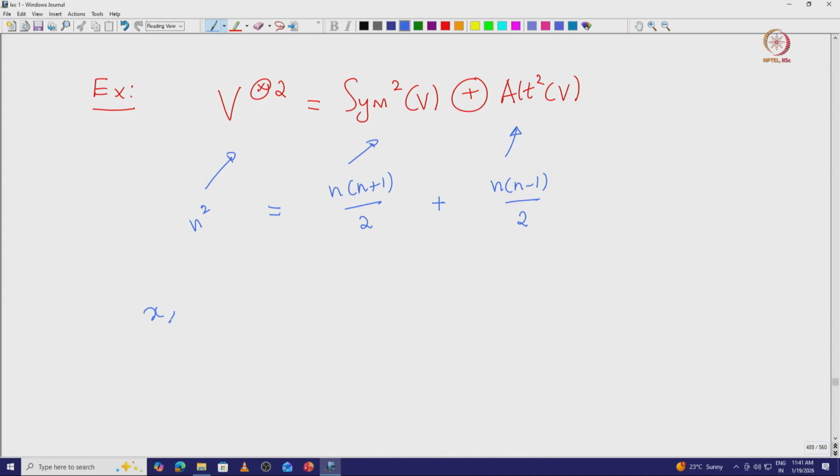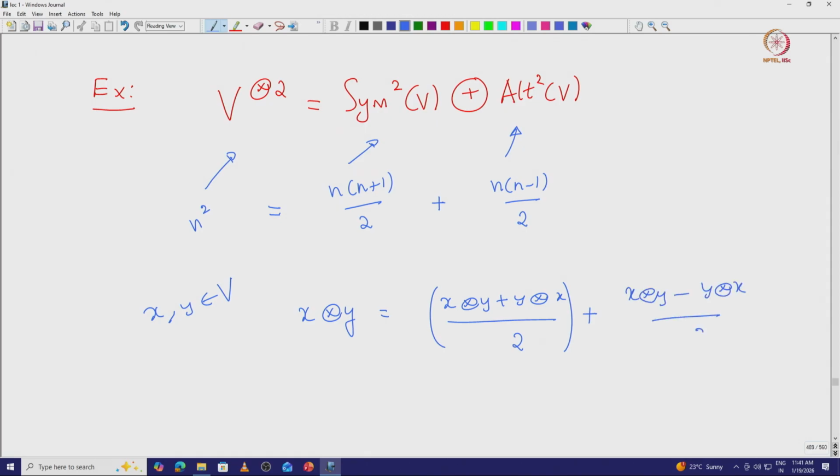If you take x, y in V, then you can write x tensor y as (x tensor y plus y tensor x)/2 plus (x tensor y minus y tensor x)/2. The first is in the symmetric 2 of V, and the second is in the alternating 2 of V. This proves that V tensor 2 is the sum of these two spaces, and since the dimension matches, it has to be a direct sum; there is no other option. So, that proves this exercise.